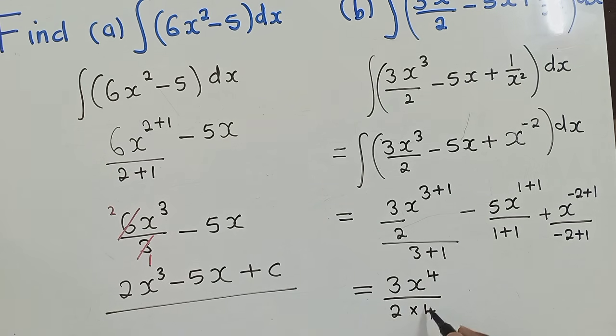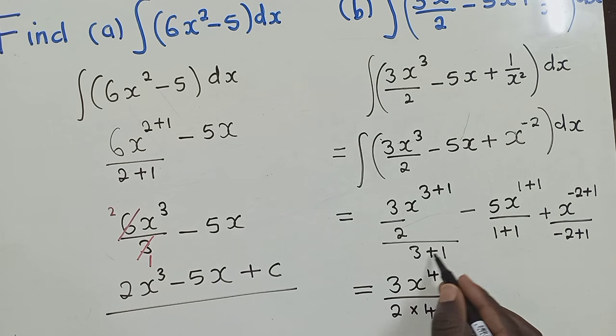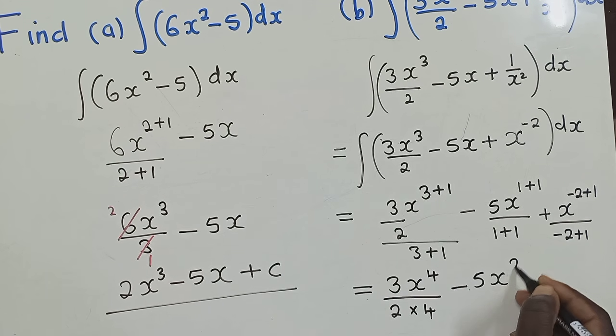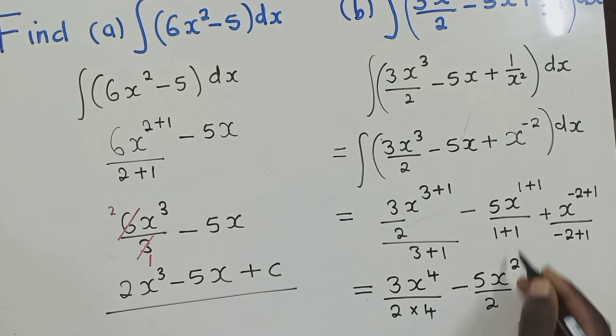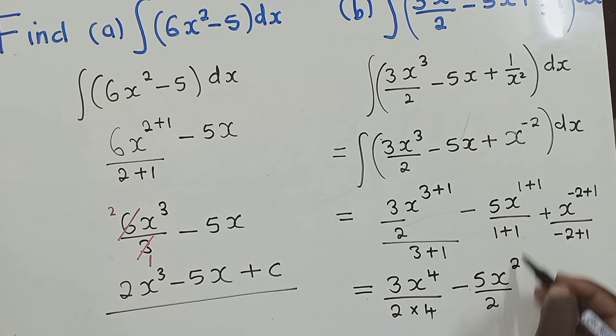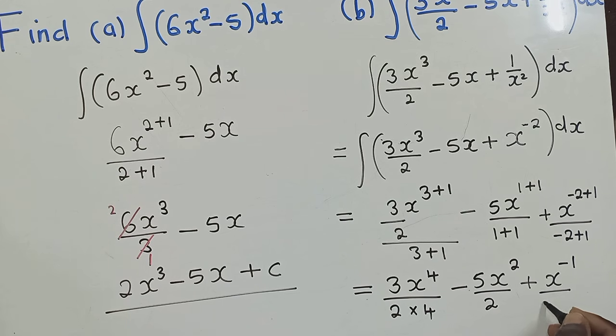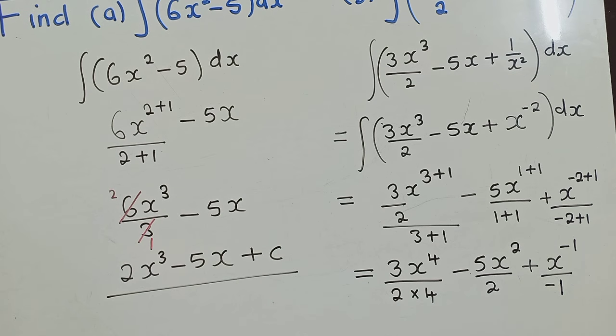Because this thing will give us a 4. This is the 4 we're talking about right here. Okay? Minus 5x power 2 over 2. When we add here, we get a 2. Here, we get a 2. Here, we have plus x power 1 over negative 1. This one is giving us negative 1. Even here, negative 1. Good, we're almost there.